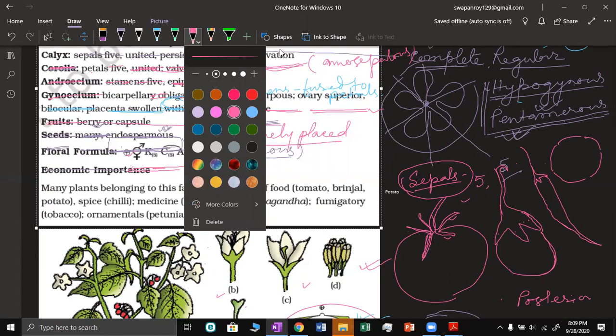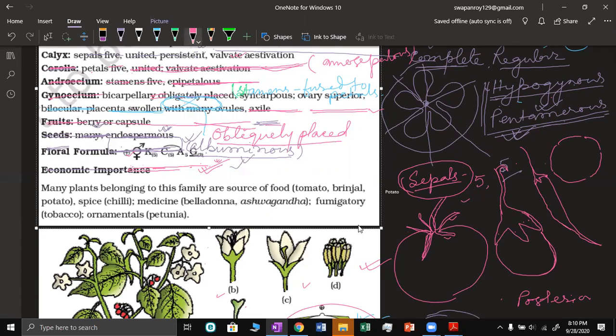Some of the important plants that I have told before also, there is tomato, brinjal, potato. These common vegetables we are getting, and chili, capsicum, are from this Solanaceae family. There are some medicinal plants. One is belladonna, and another one is ashwagandha.